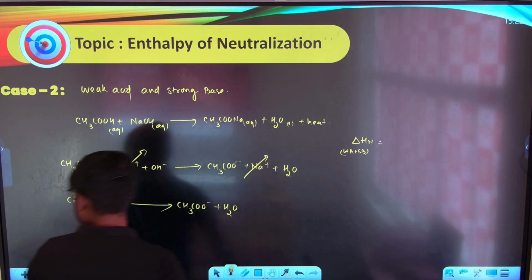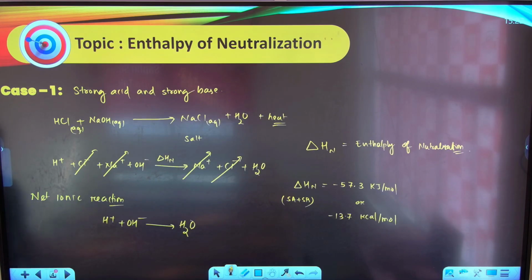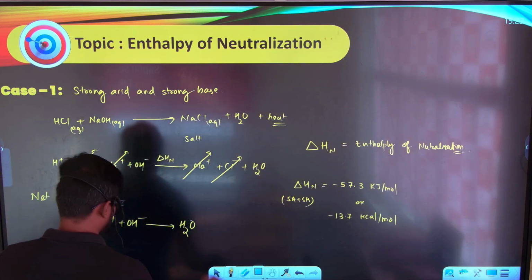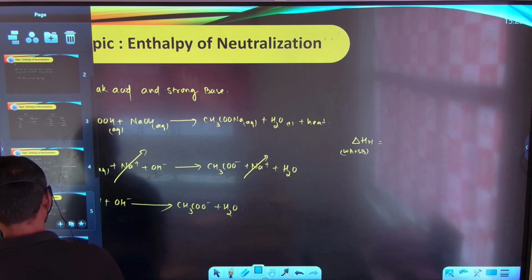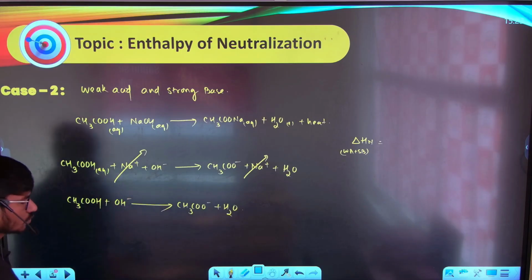But I don't have a value for this reaction. I only have the value minus 57.3 kilojoule per mole, that is for this net reaction only, H plus plus OH minus equals H2O. This doesn't look like that, so we have to do something to make this reaction look like that reaction.